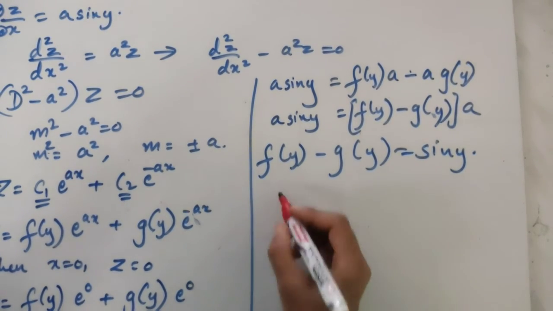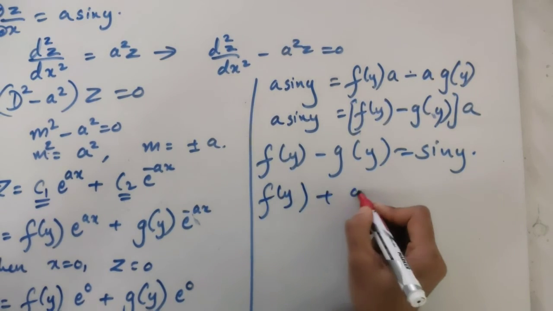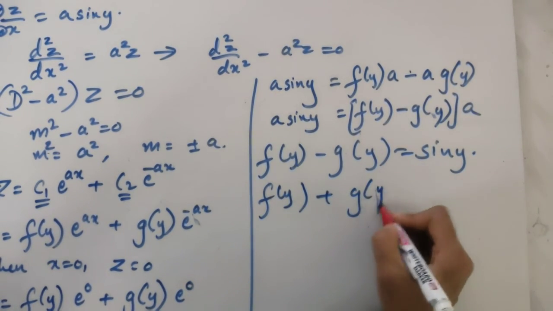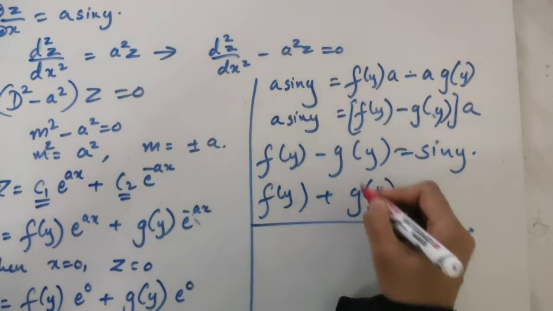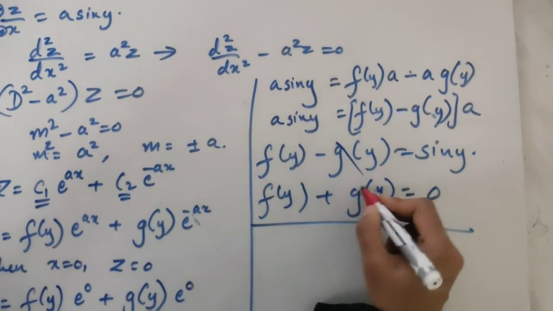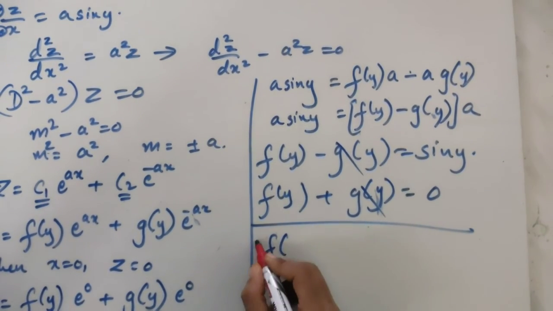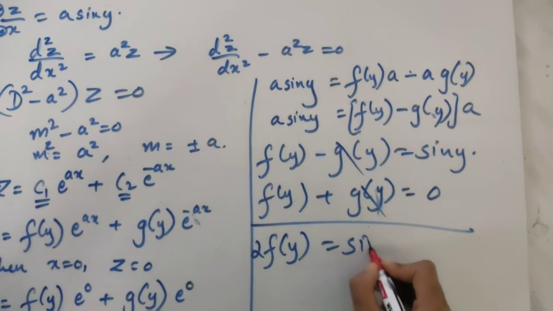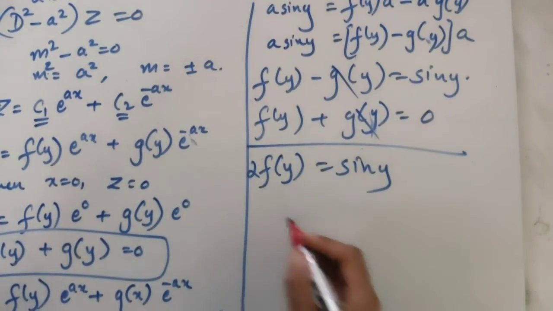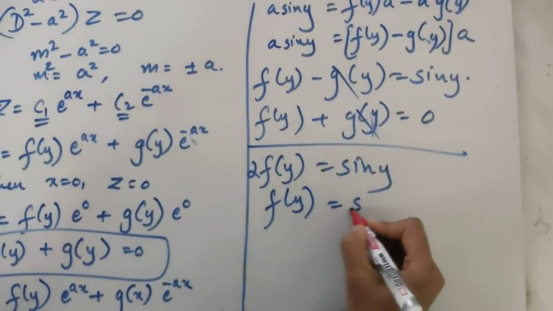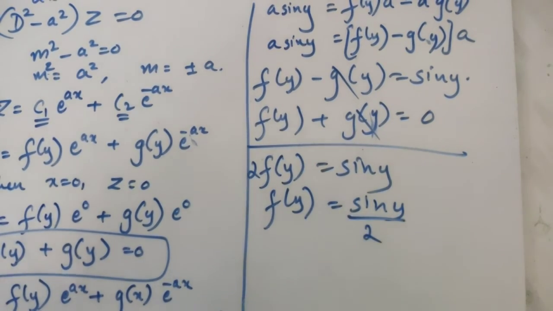You have already got one equation, f of y plus g of y is equal to 0. Add both the equations. Okay, g of y gets cancelled. 2 times f of y is equal to sine y, or f of y is equal to sine y divided by 2.